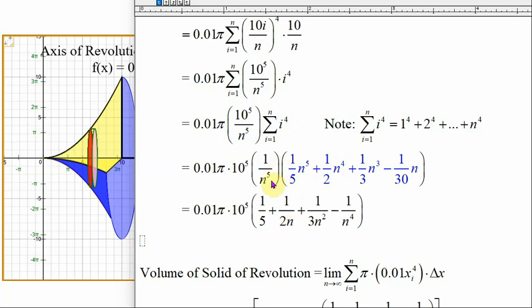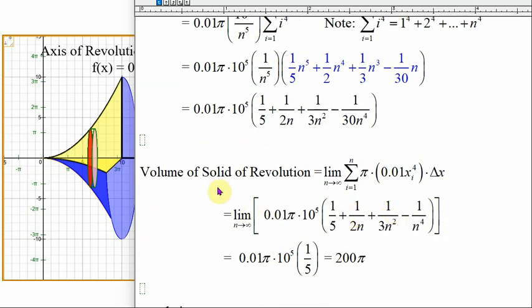And then 1 over n to the 5th times 1/3 n to the 3rd is just 1 over 3n squared. And then 1 over n to the 5th times 1/30 n is 1 over 30n to the 4th. And so this is the volume of n discs or n slices.